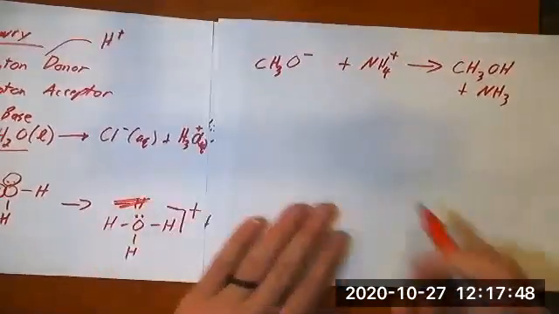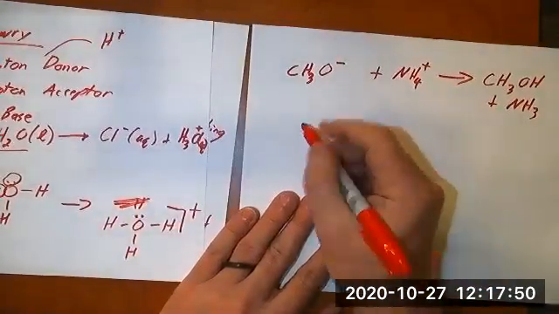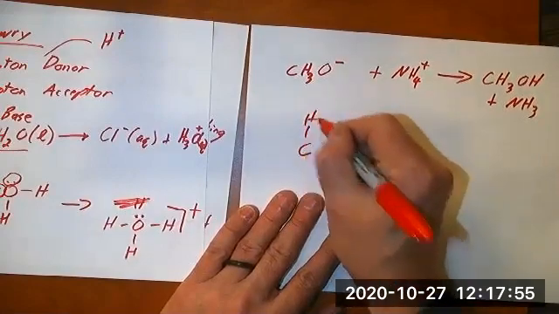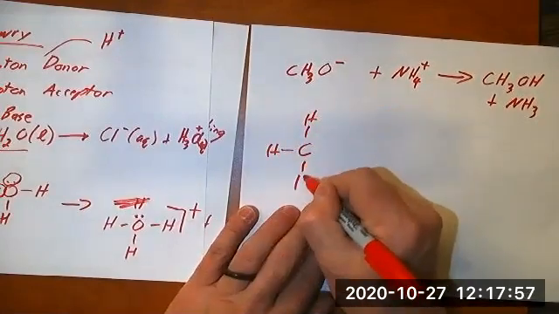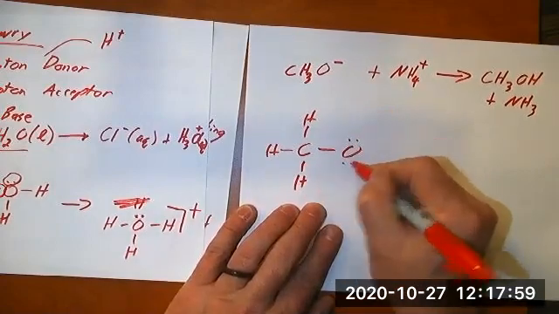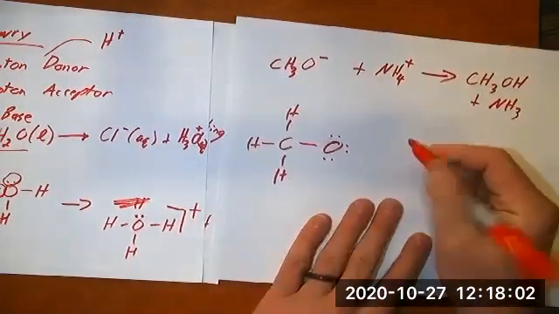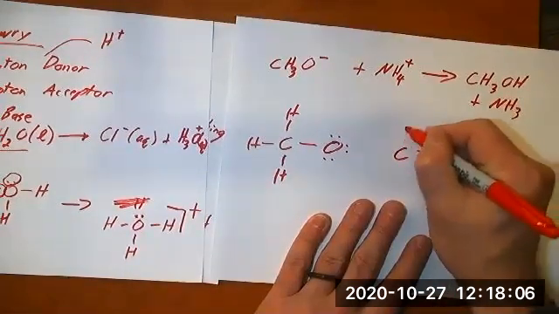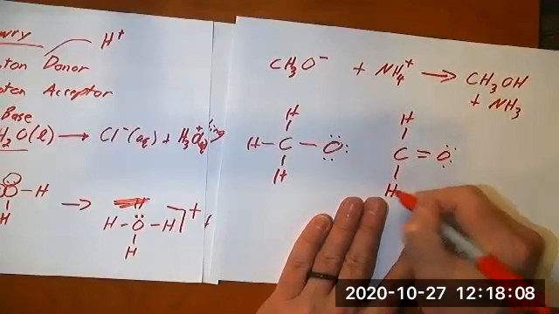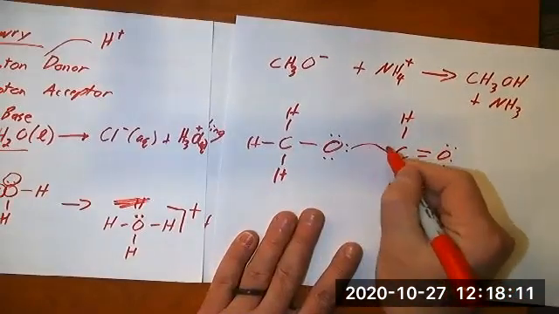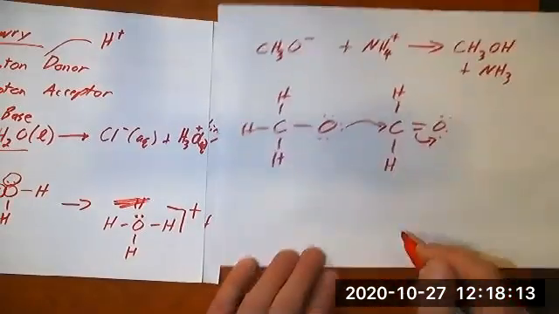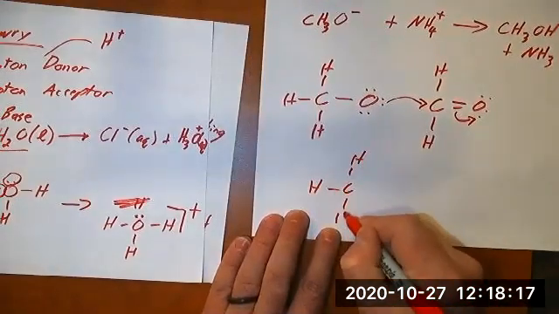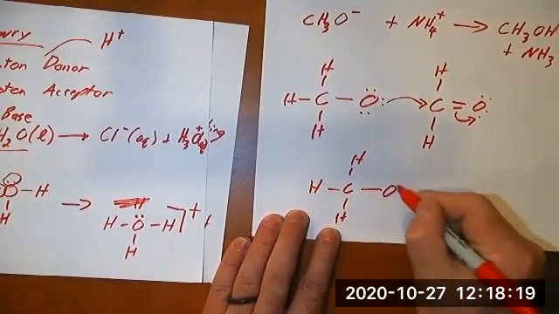Similarly, we could have a reaction. I'll use the same CH3O minus ion here, reacting with formaldehyde to give us something like this.